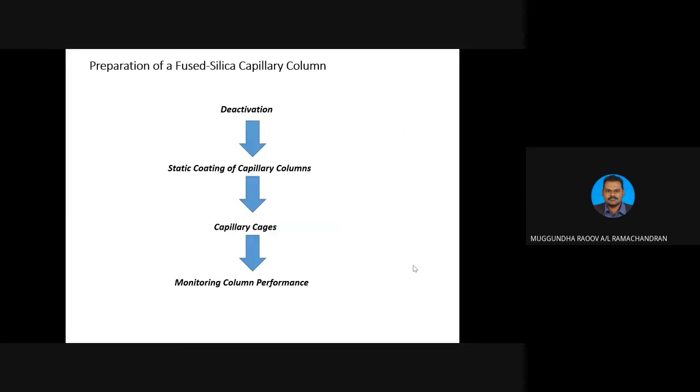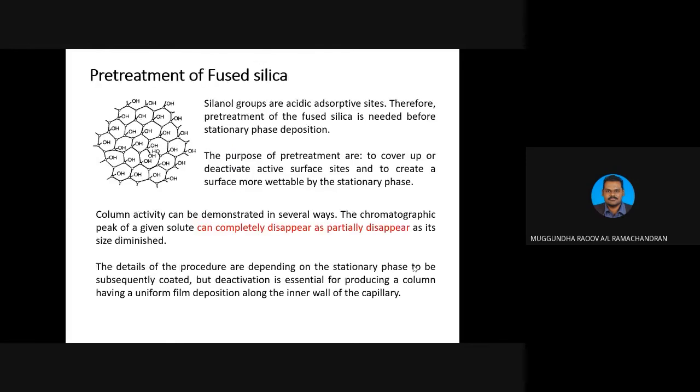Now, how to prepare a fused silica capillary? Basically, deactivation, static coating of the capillary columns, then monitoring the column performance. So, pre-treatment of the fused silica: silanol groups are acidic adsorptive sites.